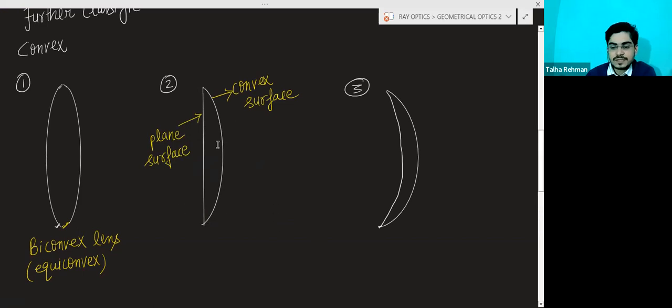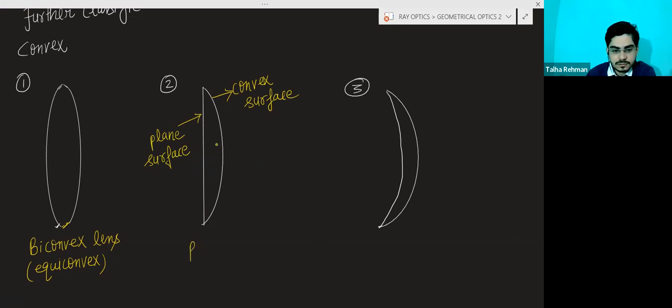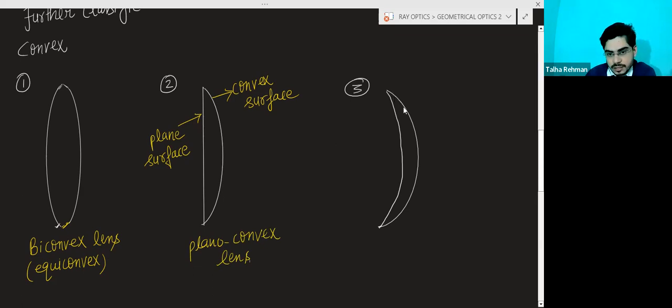So this type of lens is known as plano-convex lens.